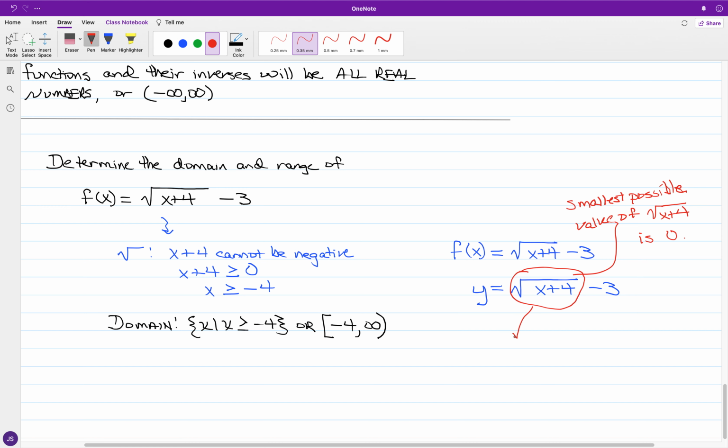And so what this implies is that the smallest possible y is going to have its minimum possible value at 0 for the square root. So we have y is equal to 0 minus 3, which is equal to negative 3.